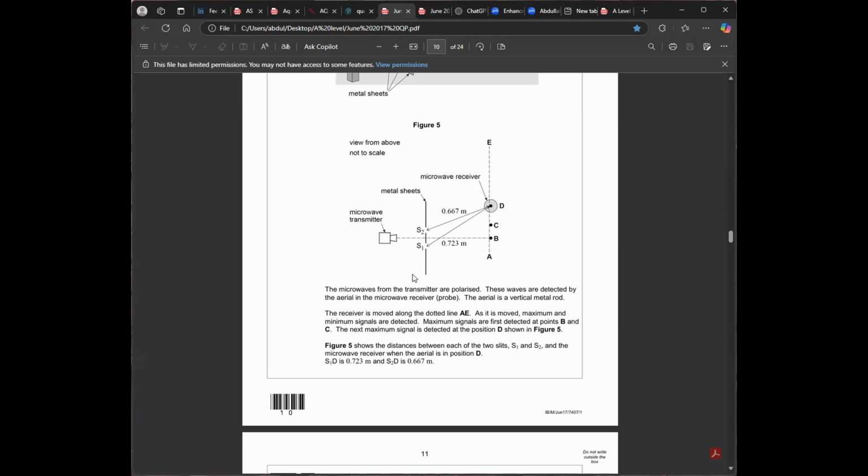So the only thing that we know is these path lengths, and these path lengths to the point D, where there is a constructive interference, right?